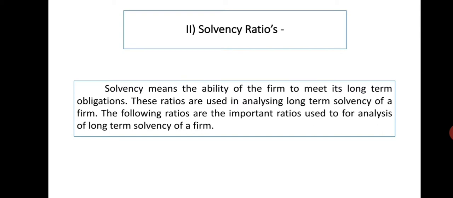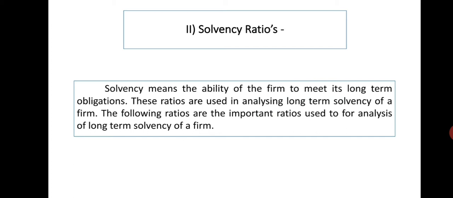At the end of the session, students are able to know various solvency ratios and efficiency ratios and how to calculate solvency as well as efficiency ratios. Solvency ratios. So let's first of all know what is solvency.